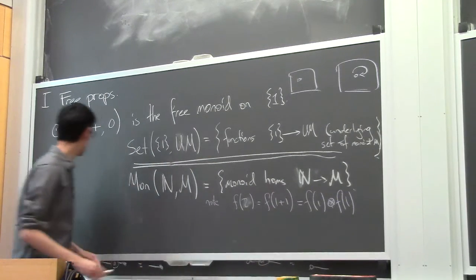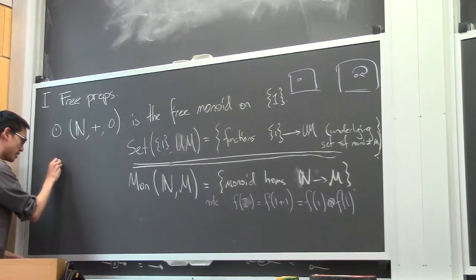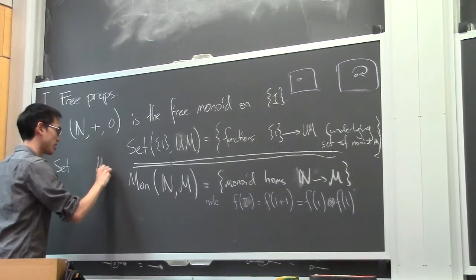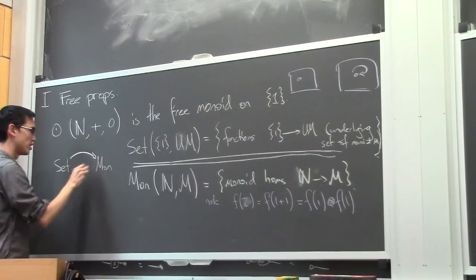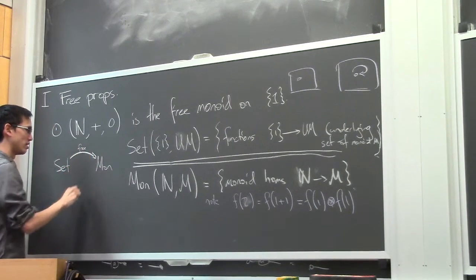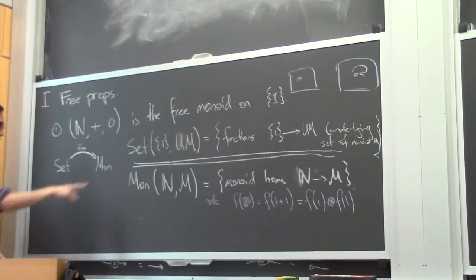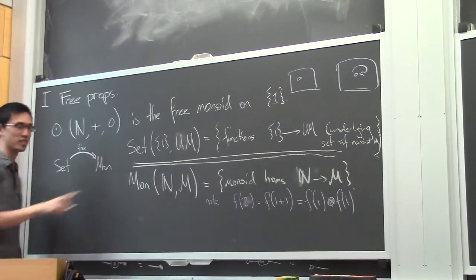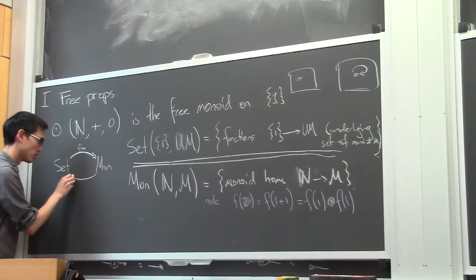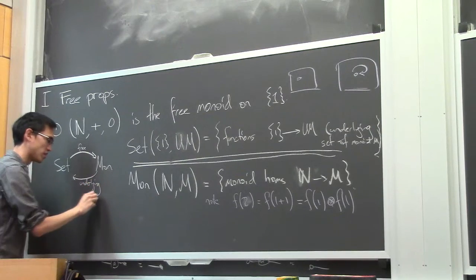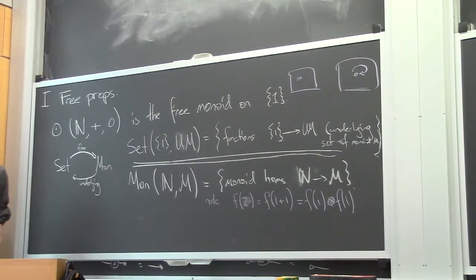So more abstractly, we can think about the category of sets, the category of monoids, and we have a free functor that sends a set to some sort of free notion of monoid on that set. So here it's this functor set 1 to the natural numbers. We have a functor back the other way that takes a monoid and tells you its underlying set.